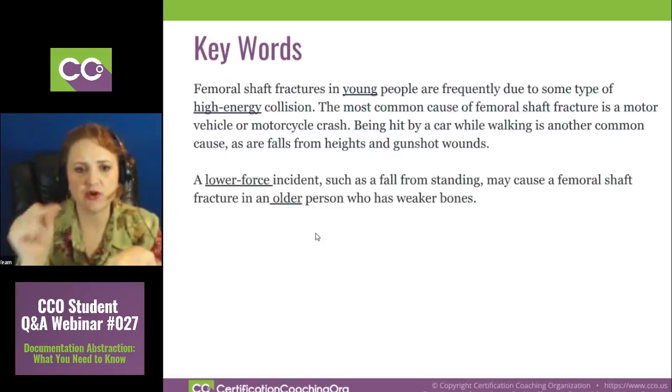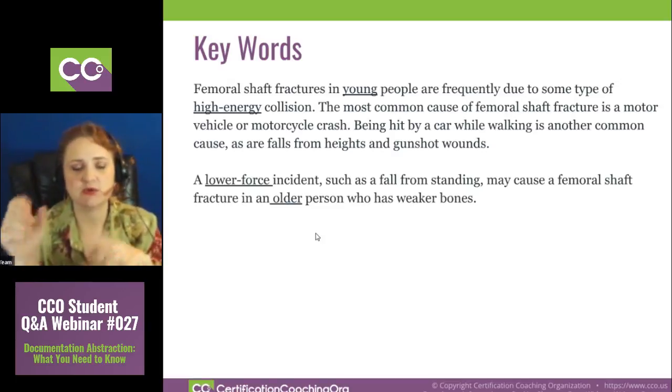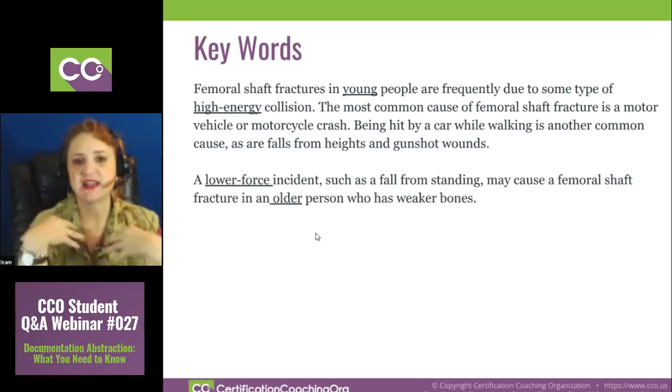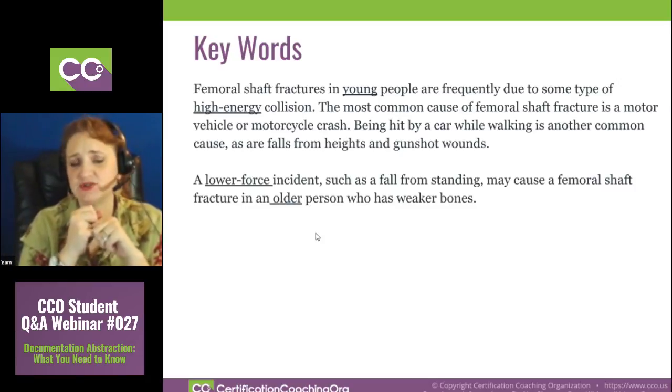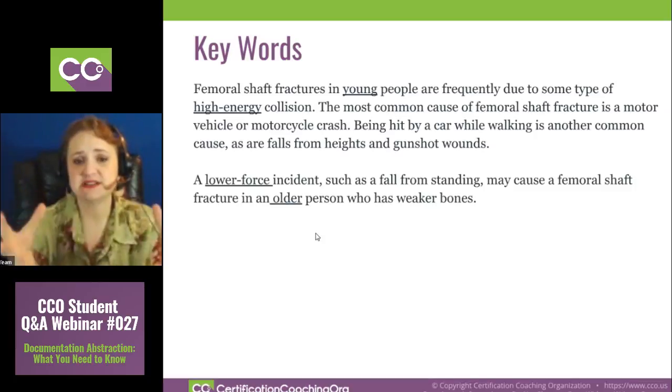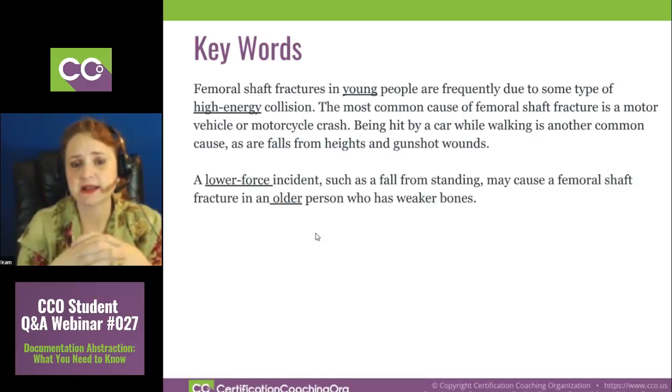So you could pull out car, heights, gunshot wound. Okay, that makes sense. So in other words, we've established that young people have stronger bones, and it's got to be some type of powerful impact to break a femur.